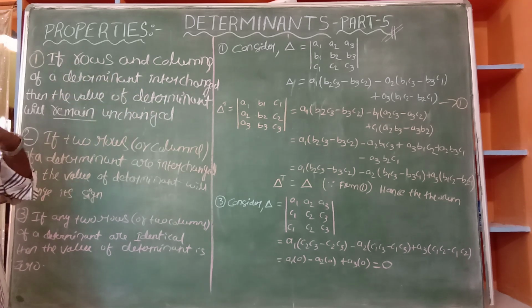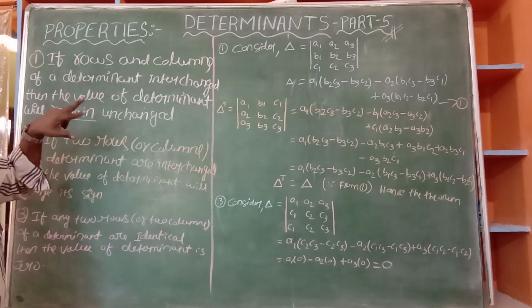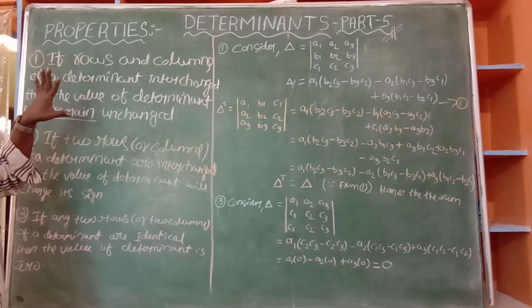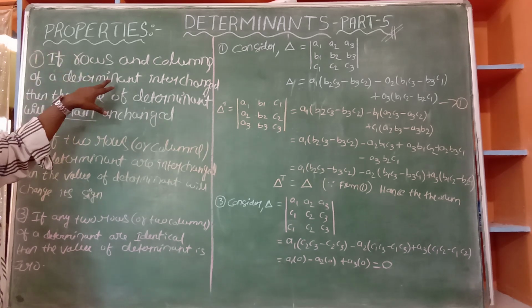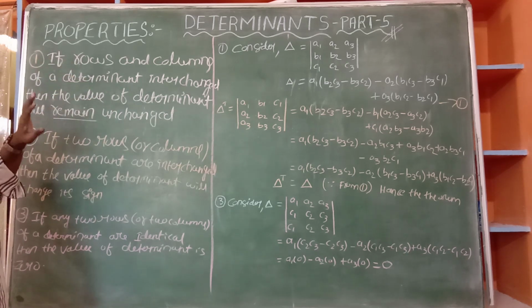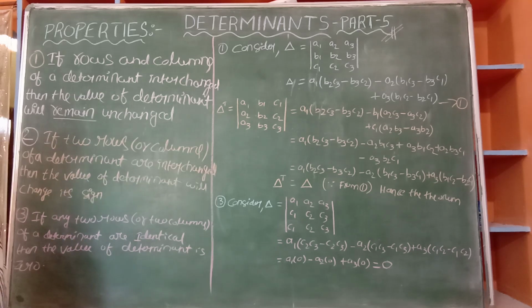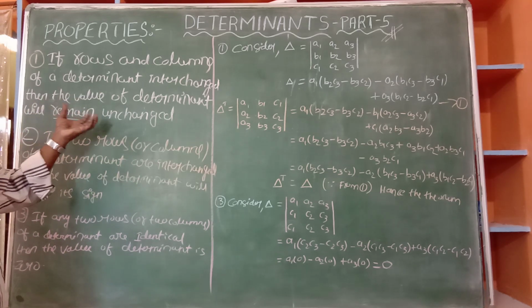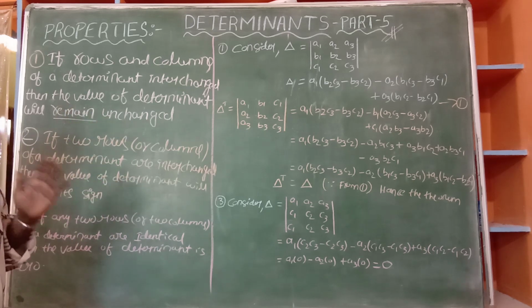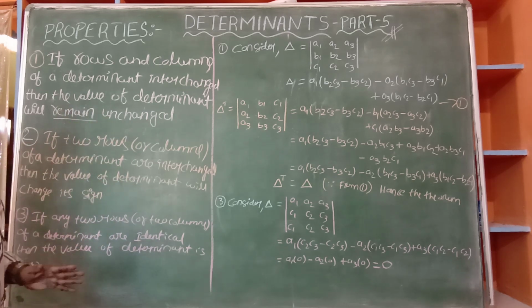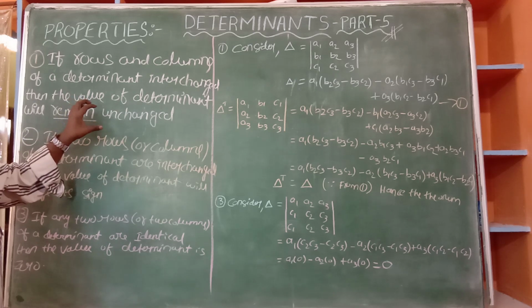That means the determinant and the transpose of the determinant are both the same. If we interchange the rows and columns, the value of the determinant will not be changed. It is unaltered.